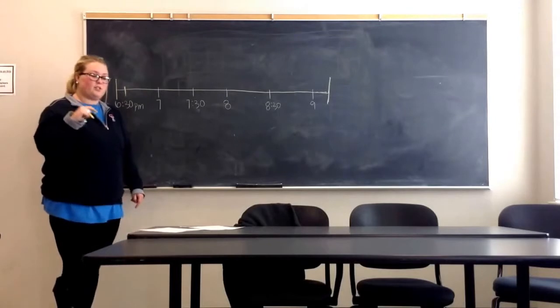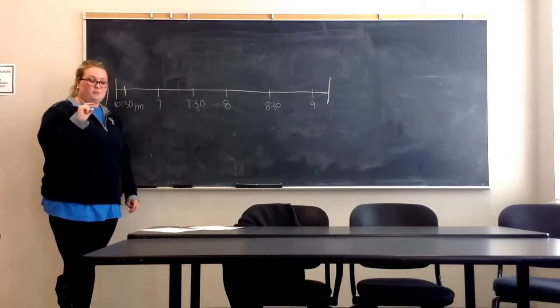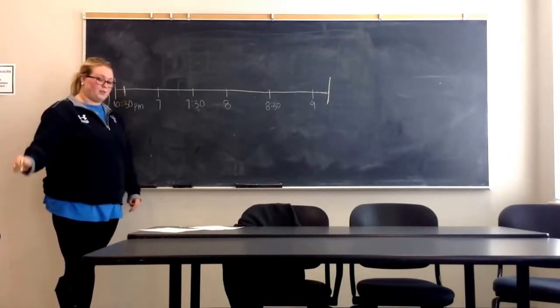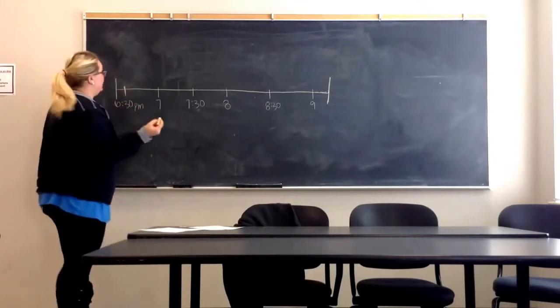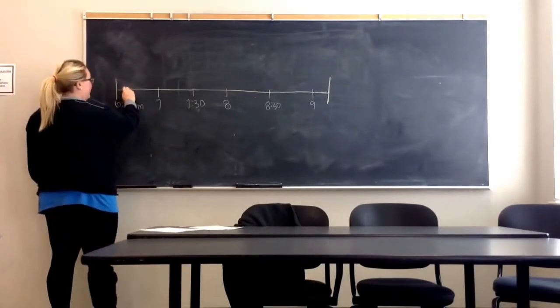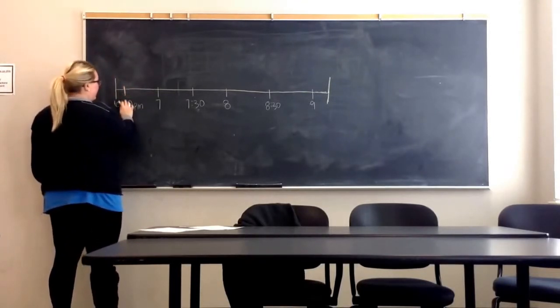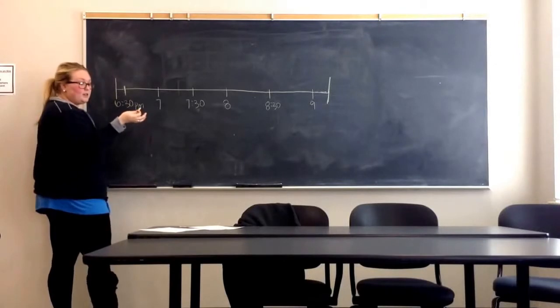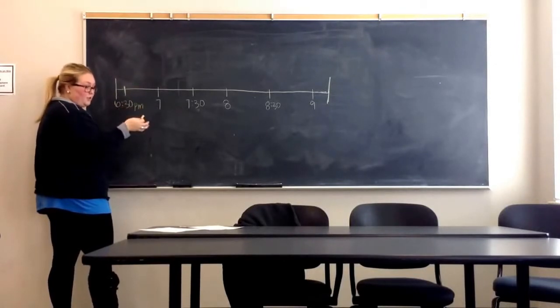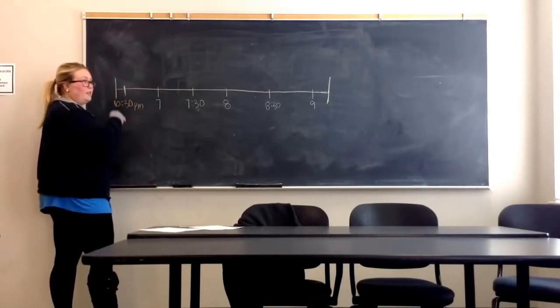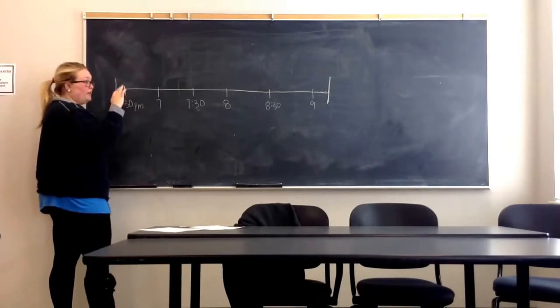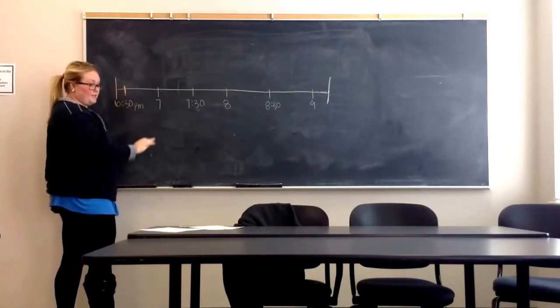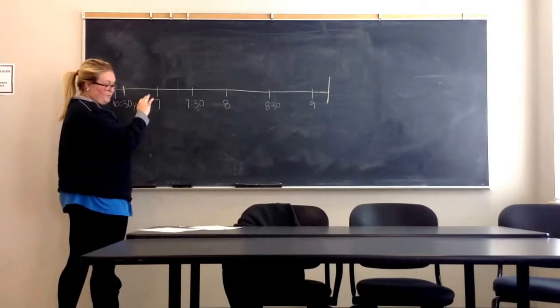So first we're going to start with marking off how many hours the movie takes. If we start at 6:30, we know that there's 30 minutes between 6:30 and 7 because we're using base 60 for time, which is also a misconception for students, that they think this is the same as base 10.